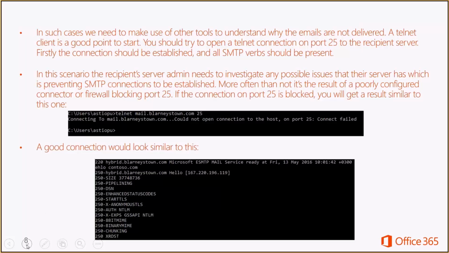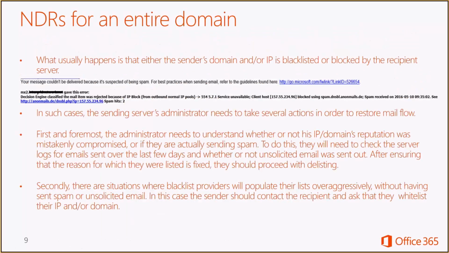And next on our list is NDRs that an entire domain receives. So if my entire domain is not able to send emails to multiple recipients, that is usually the case when either my server's IP address or my sending domain is blocked or listed on block lists.